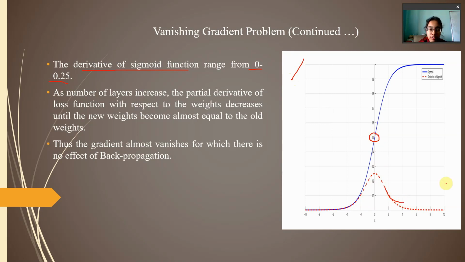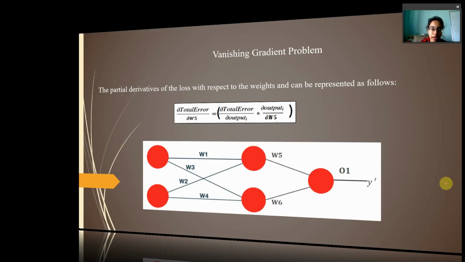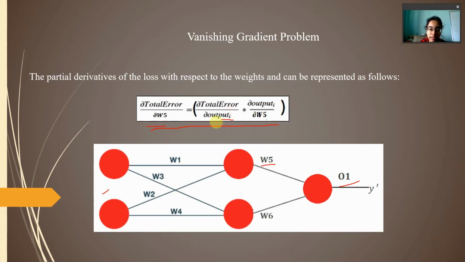Now given that the derivative of the sigmoid function ranges from 0 to 0.25, let's go back to this formula again and consider that the value for del total error by del output I, or del O1, is, suppose, 0.2, and the value for the next derivative term, del O1 by del W5, is, suppose, 0.02.